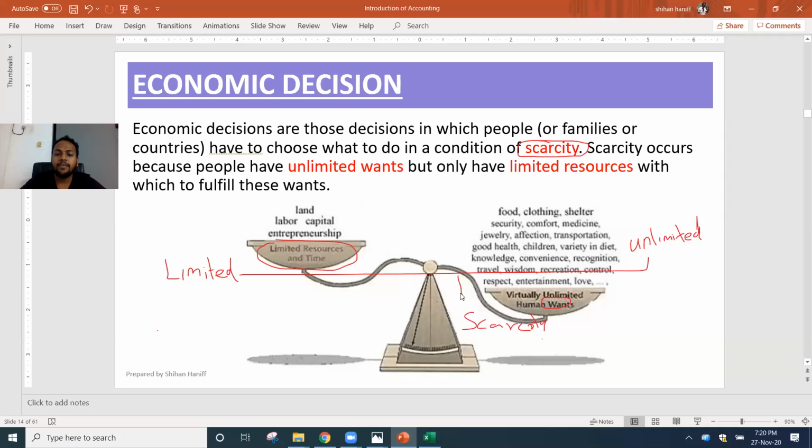The stakeholders can't satisfy everything. Therefore, they will select the best option available. They will choose the best, and they sacrifice everything else. And there will be an opportunity cost.